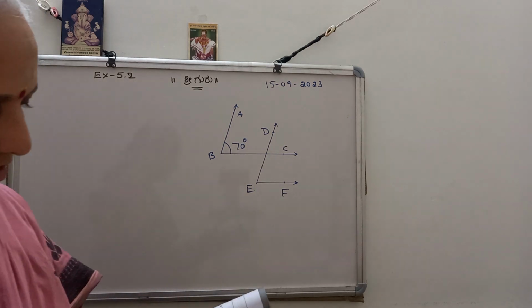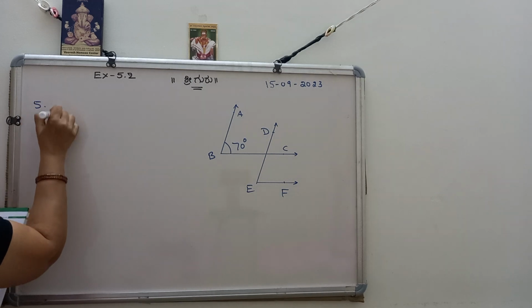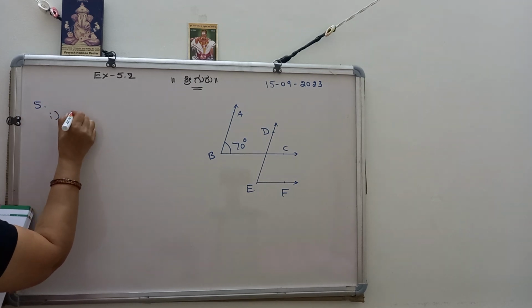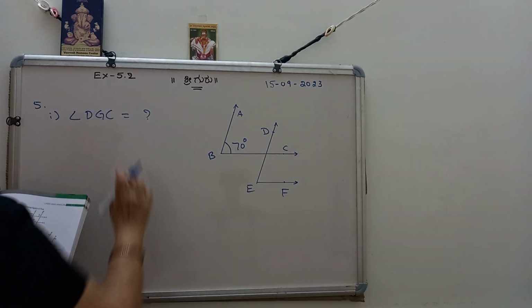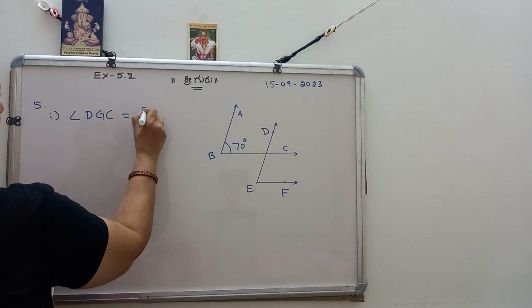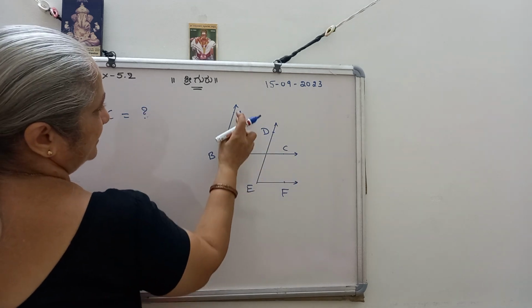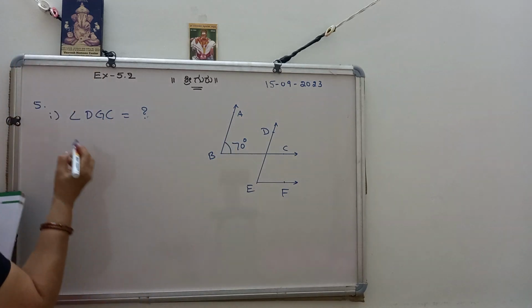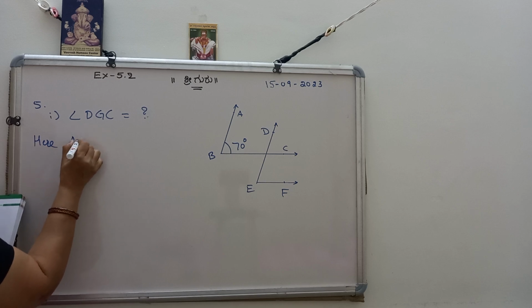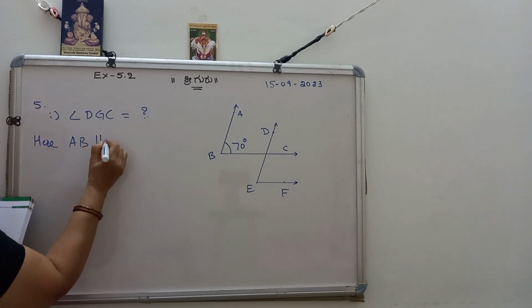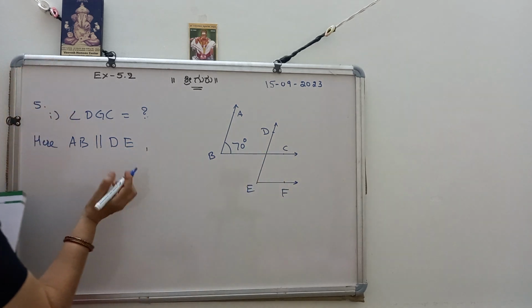If angle ABC is equal to 70 degrees, find angle DGC. Angle DGC, we have to find it. Arms of the angles are parallel, that is AB parallel DE. Here in this figure, what is given? AB parallel DE, and BC will be the transversal.